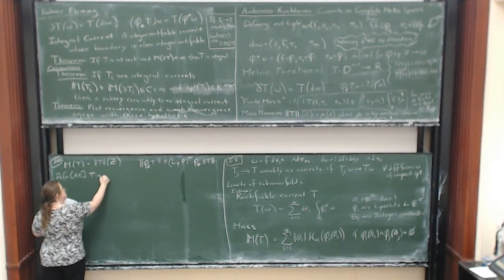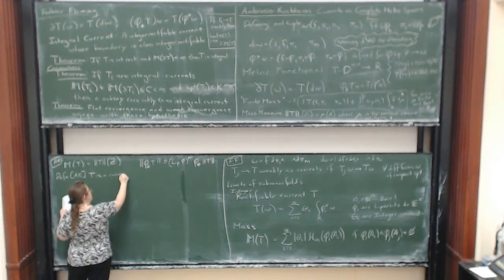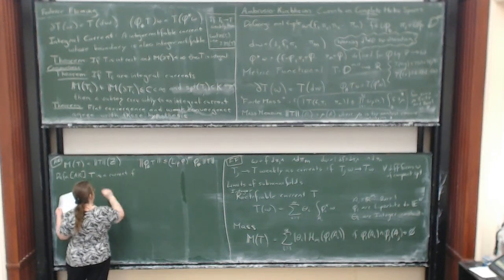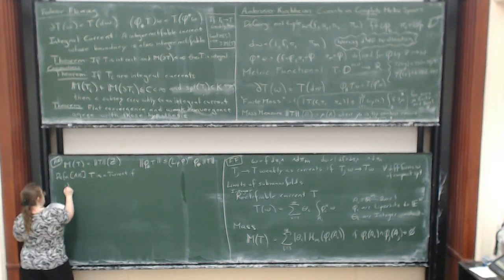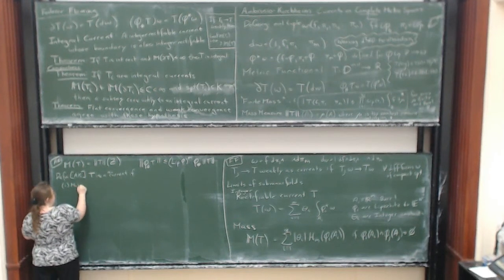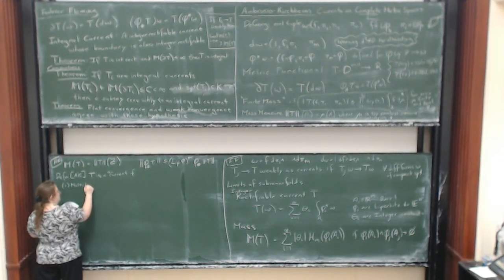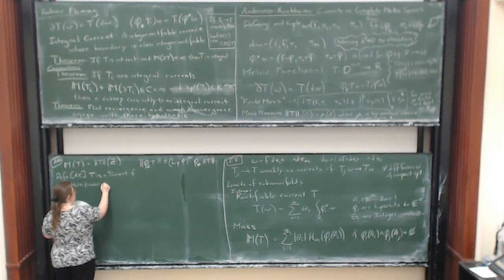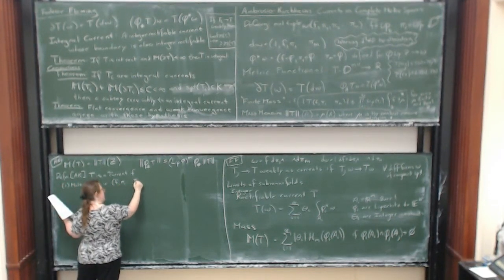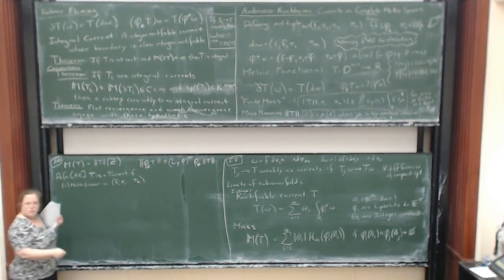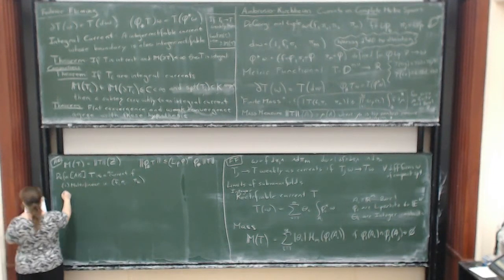T is a current, an M-dimensional current, if it's multilinear in f, pi 1 through pi k. So it's linear in each one of those terms separately, okay?